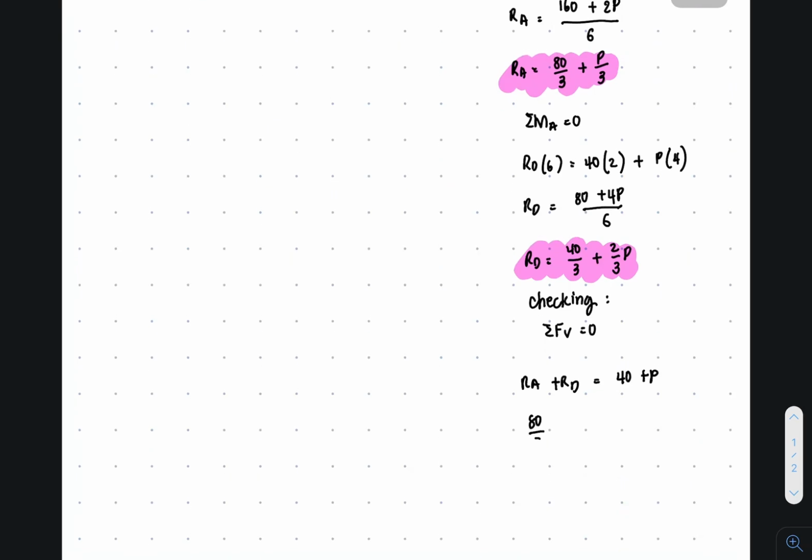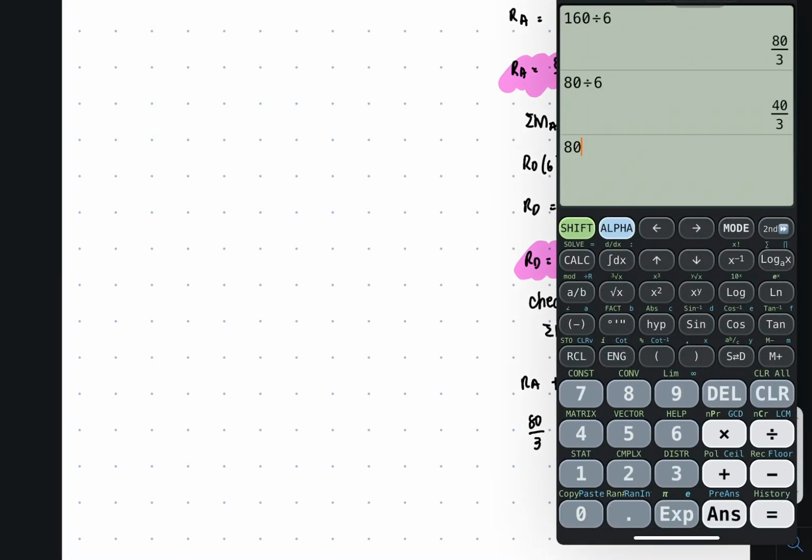It's 80 over 3 plus P over 3, plus for the RD, it's 40 over 3 plus 2/3 of P, equal to 40 and P. So if you try to add 80 over 3 and 40 over 3, it's 40.